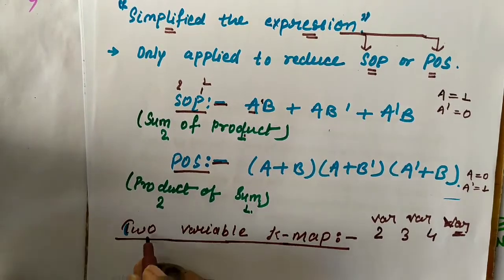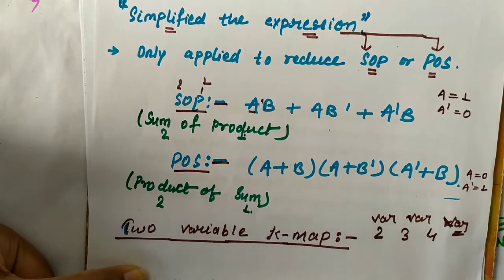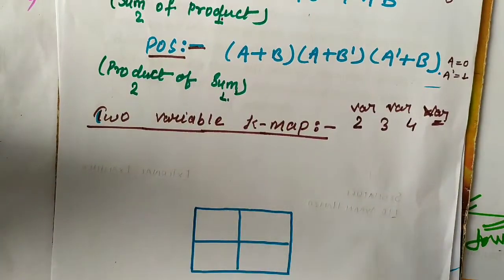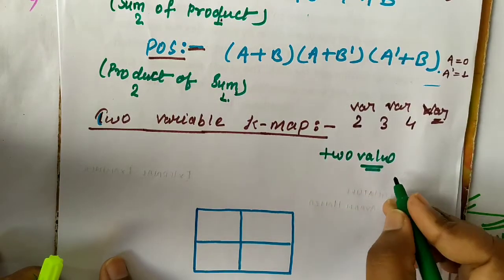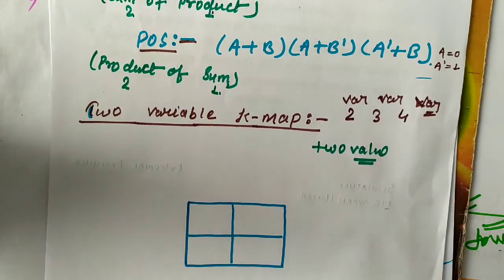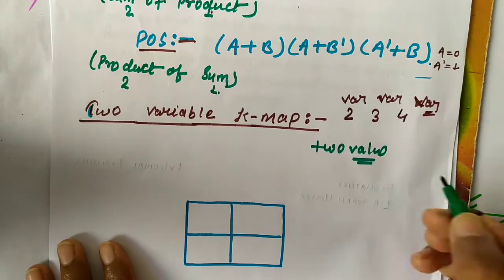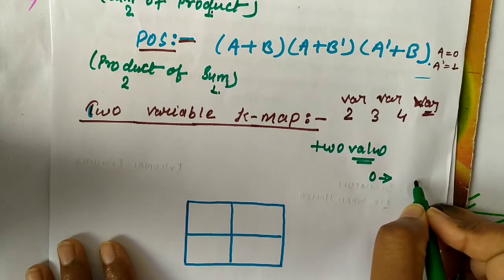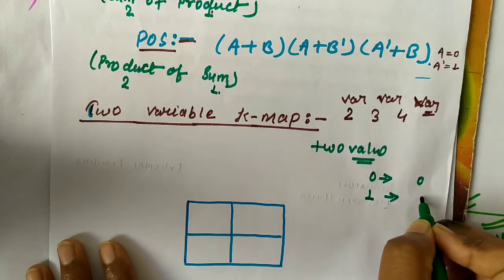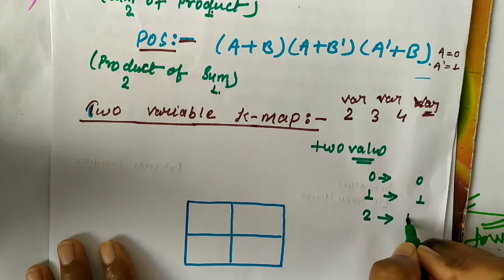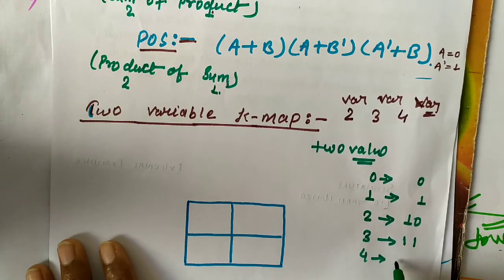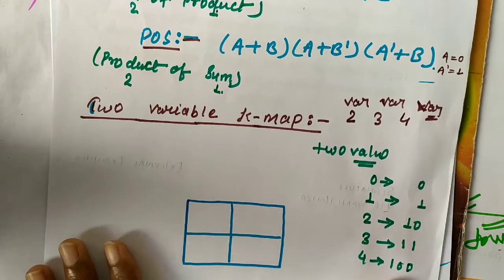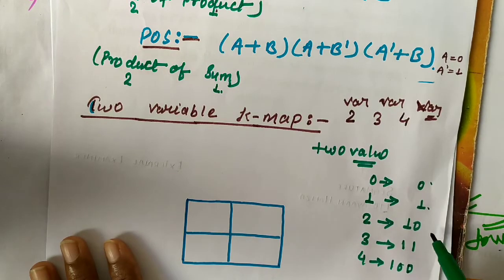So 2 variable means only two digits. If I write the binary numbers from 0 to 4: the binary number of 0 is 0, of 1 is 1, of 2 is 10, of 3 is 11, of 4 is 100. So this is 1 variable, and this is 2 variable because it contains 2 digits.